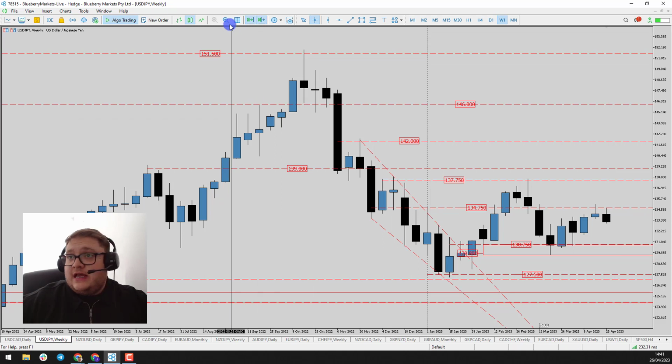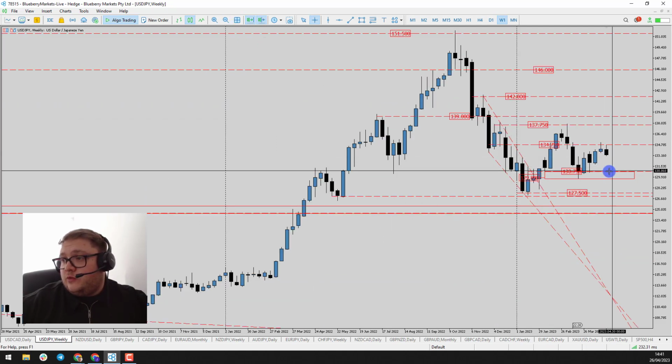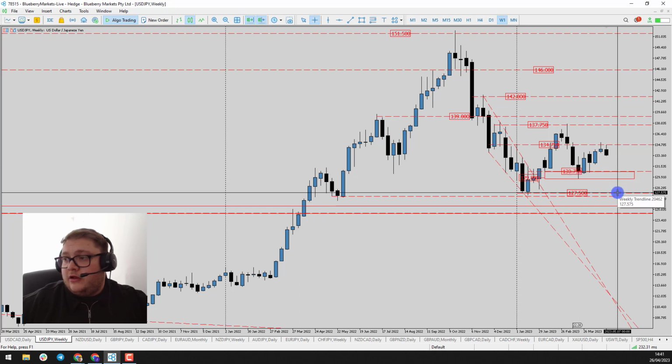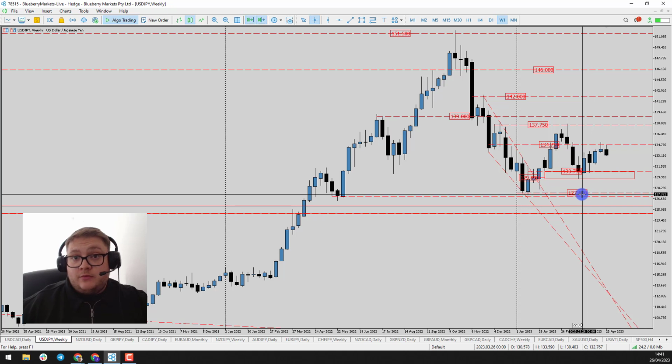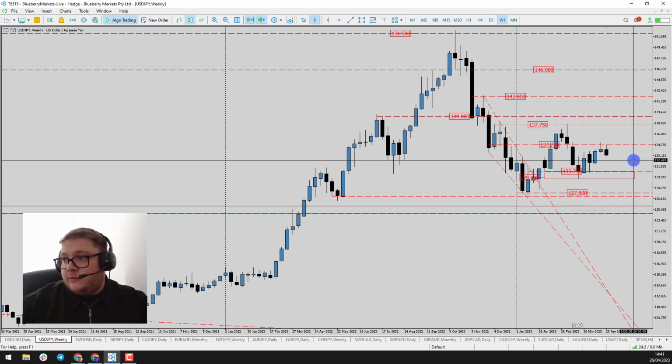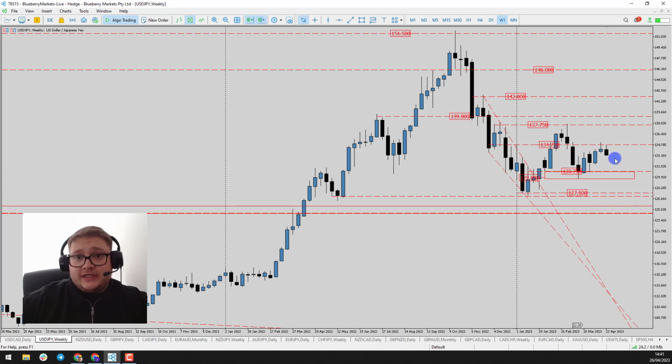The extension to the downside could see price come down to the 130.75 handle, or even below towards the 127.50. We're seeing a lot of yen pairs now coming into some really key levels of resistance. One of those was euro yen that we spoke about in a previous video. Euro is still performing really well, majorly down to the dollar downside as well. And if that's going to continue, then we could see some further downside in this market as well.